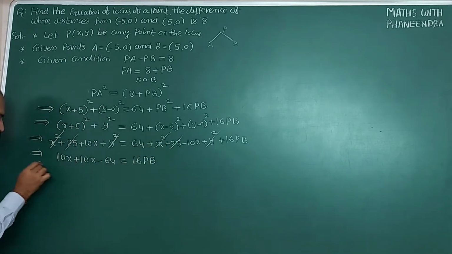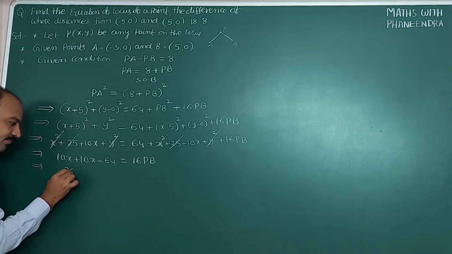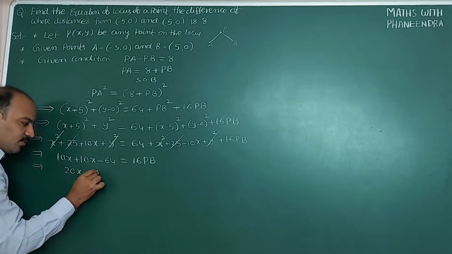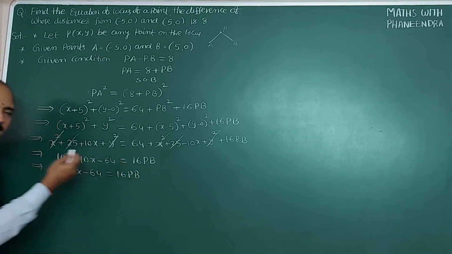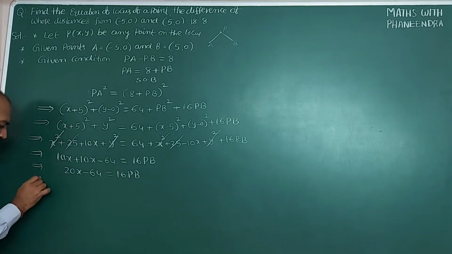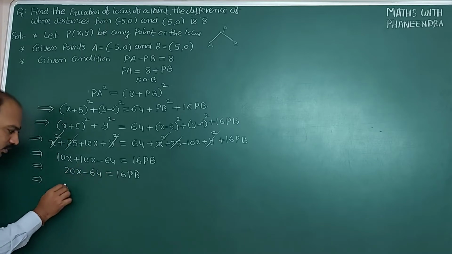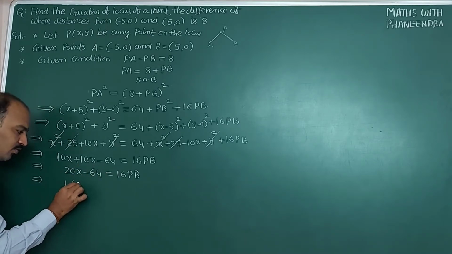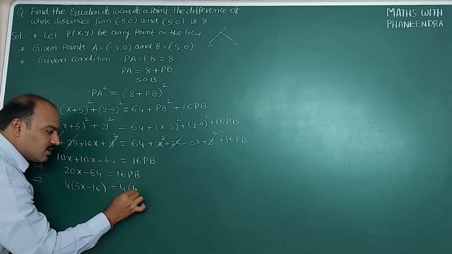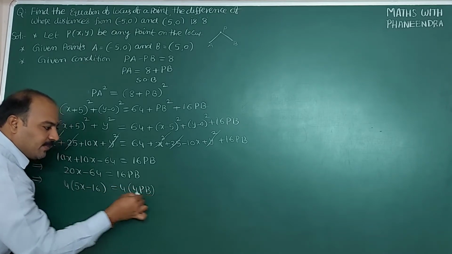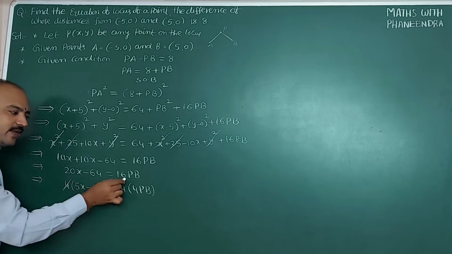So 10x plus 10x, 20x minus 64 is equal to 16 PB, which are multiples of 4 only. So take common 4: 5x minus 16 is equal to 4 times 4 PB. 16 PB can be written like this. The 4 gets cancelled.